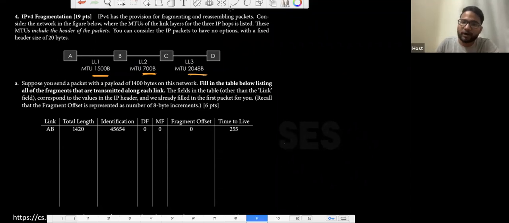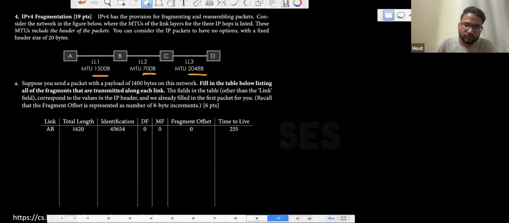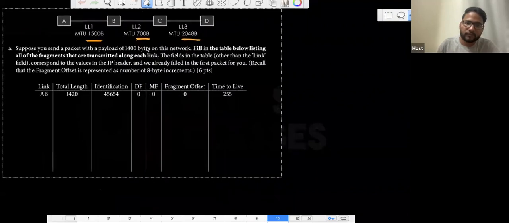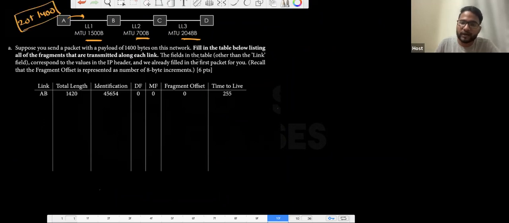So you are transmitting 1400 bytes from A, plus 20, total 1420 at the IP. But you need to divide only the 1400, without the header.